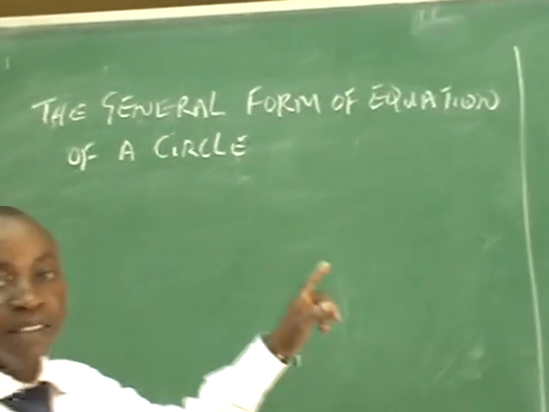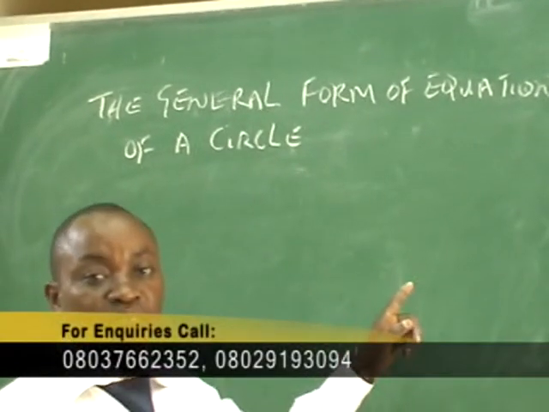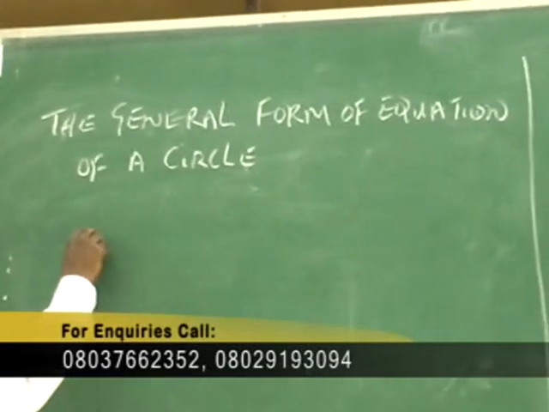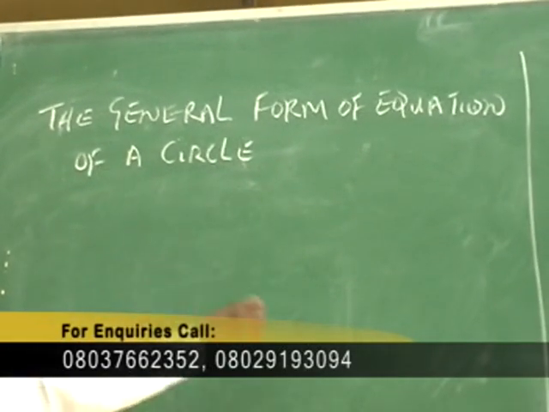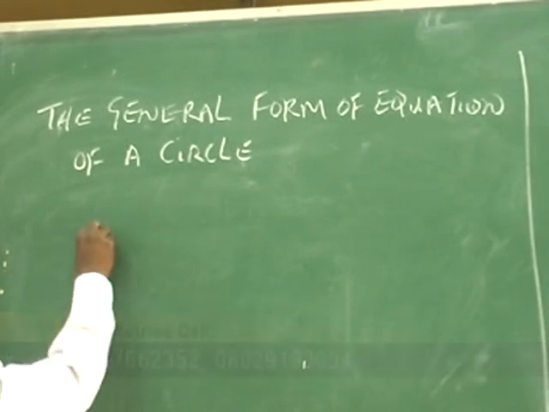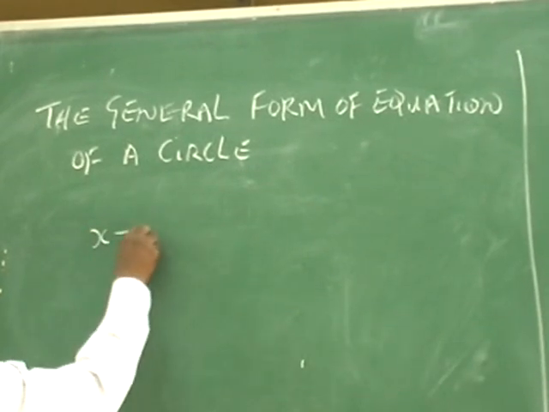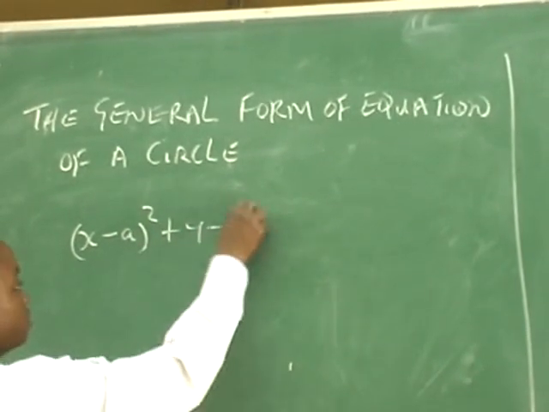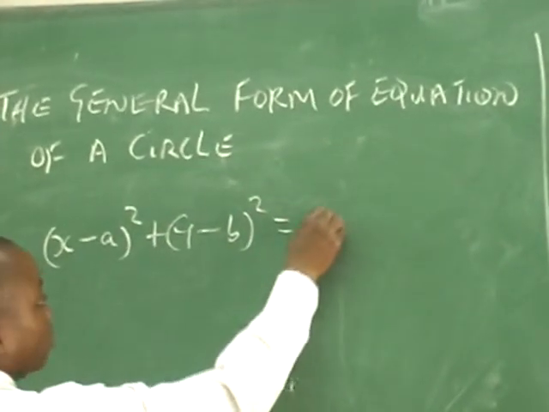We are looking at the general form of the equation of a circle. From the equation of the circle that we have derived, we see that it is of this form: (x minus a) squared plus (y minus b) squared equals r squared.